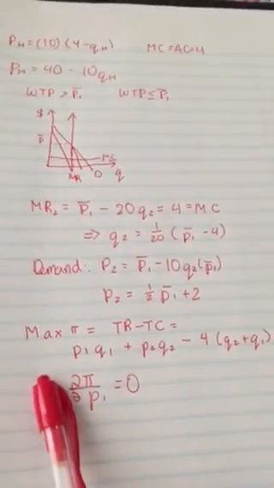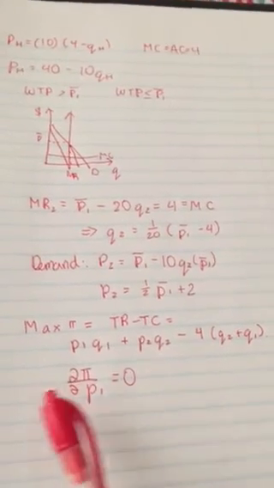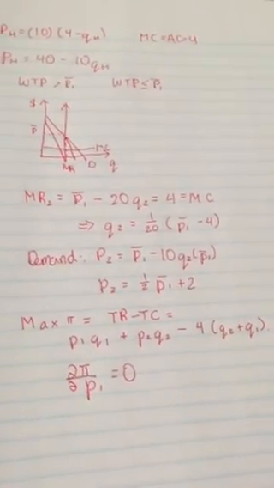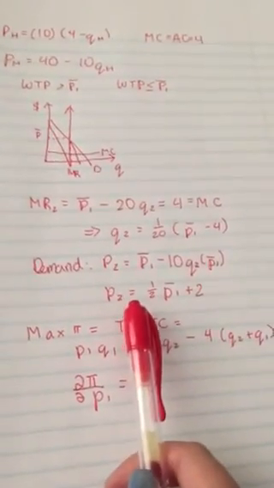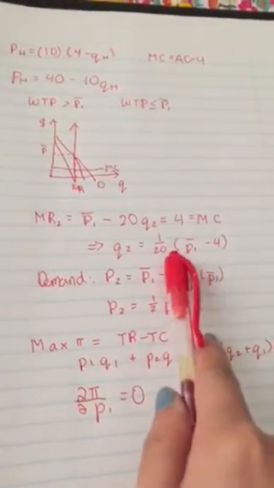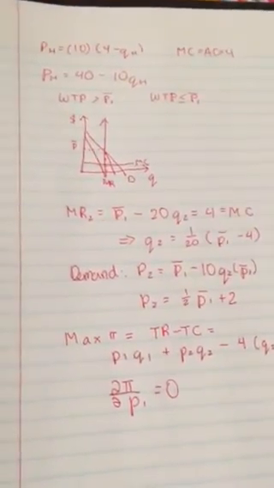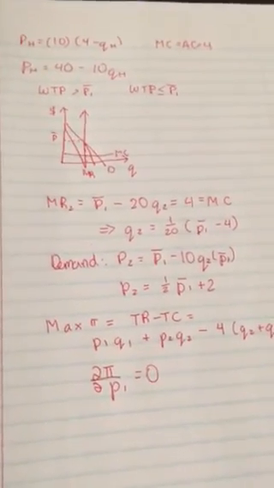And then we should be able to get a certain value for P1. And then after we get our P1 value, we can find our Q1 value. If we get our Q1 value, we can plug in P1 here and P1 here to find P2 and Q2, and then we'll get all of our answers. Everything works out for quantity discount. And that is how you do quantity discount.